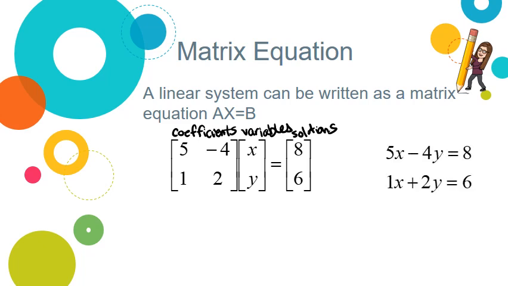So again, this is what it would look like if I have my 5x and my negative 4y, my 1x and my 2y. So we can see if we were to multiply these two matrices, this is what we would end up with for equations. So the setup's pretty straightforward, pretty basic.